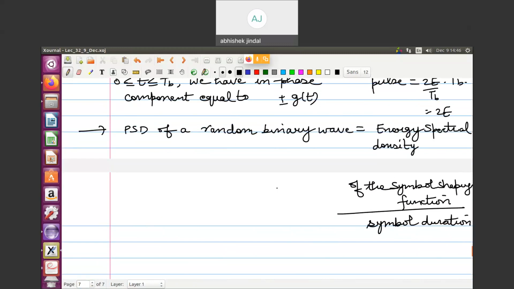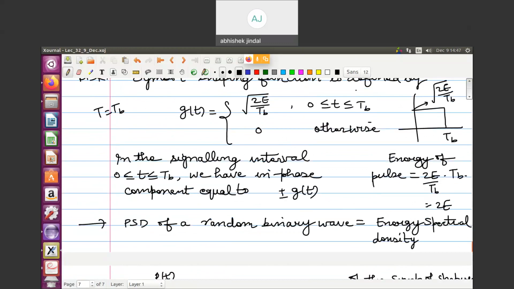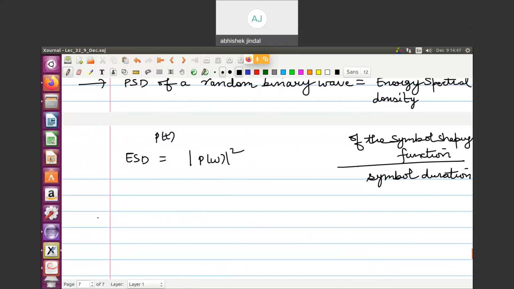Now, what is the ESD? The ESD is nothing but the mod of, let us say if the pulse is P of t, then it is mod P of omega squared. This is the energy spectral density. So considering this, if this is g of t, the PSD of BPSK is equal to the ESD of g of t divided by T.